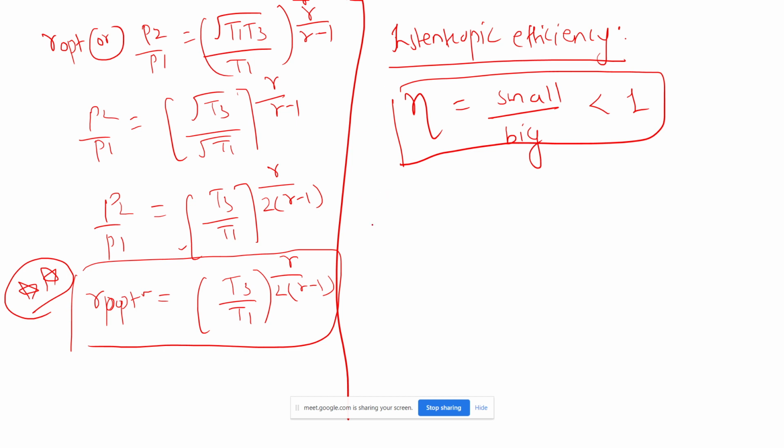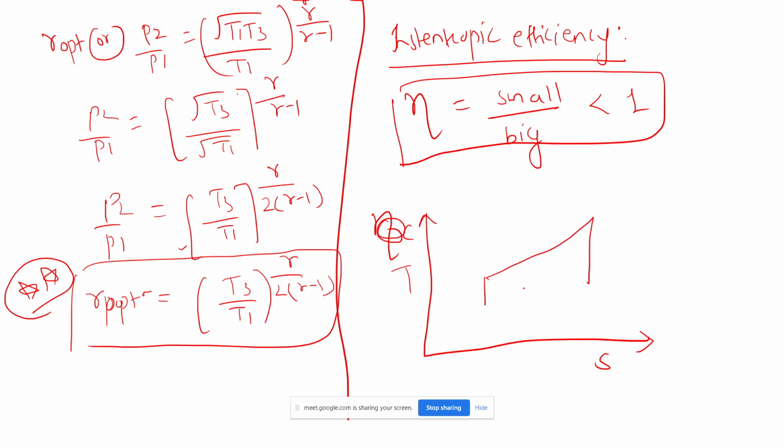So in case of the compressor, I'll show you the cycle first. Temperature, entropy. So this is the cycle, with points 3, 1, 4. What exactly happens?